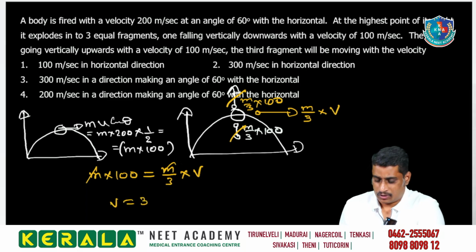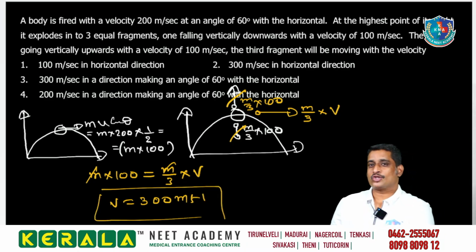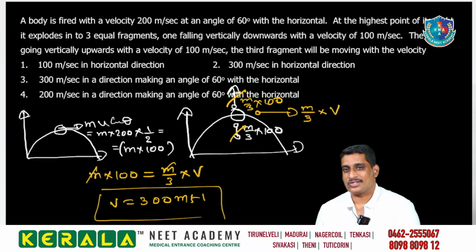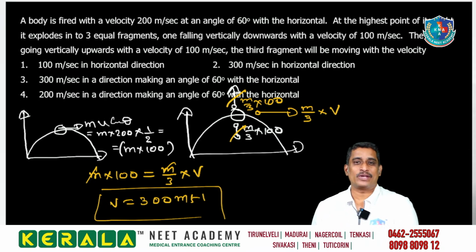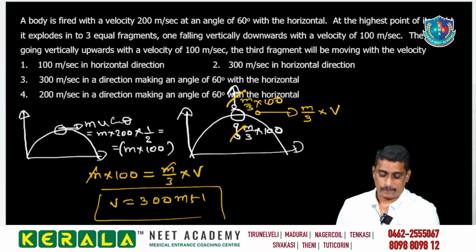Therefore, v will be equal to 300 meter per second. This is the magnitude of velocity of the third fragment, and the third fragment is moving along the positive x-axis. No doubt, the third fragment should move along the positive x-axis only.